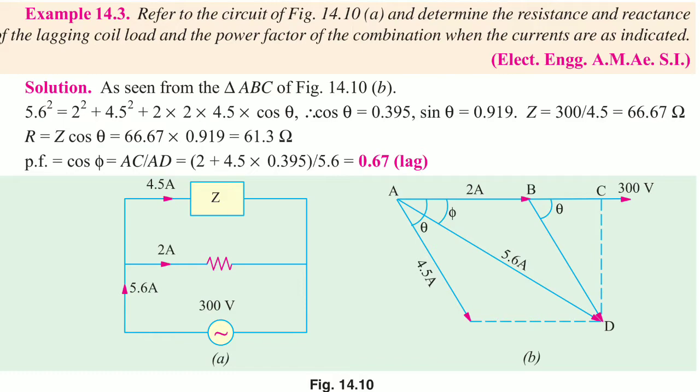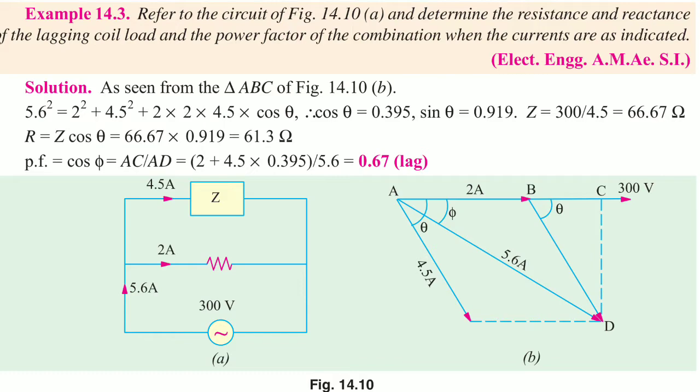What is the formula here? In general the parallelogram method is, whenever P and Q are in parallel, the resultant squared is P square plus Q square plus 2PQ cos theta.